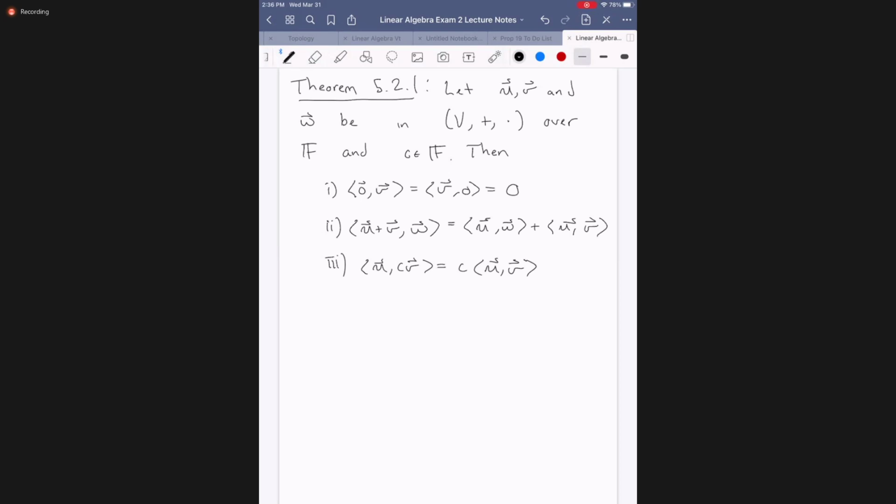Now we're ready to define distance, length, angle, and orthogonal in the more general sense than what we already know.